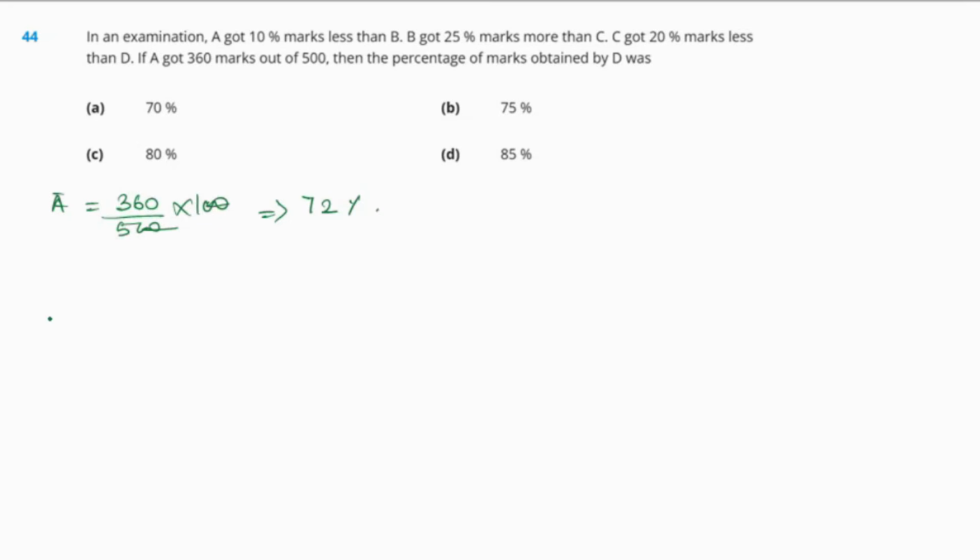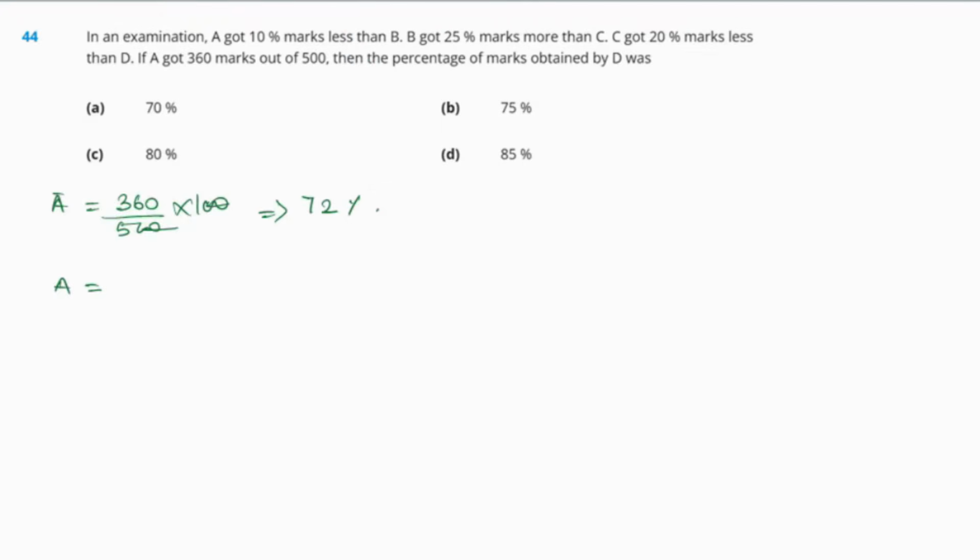And according to the question, A got 10% marks lesser than B. So B got 10% more than A. If we are supposed to figure it out like this, we can do it in that way as well.